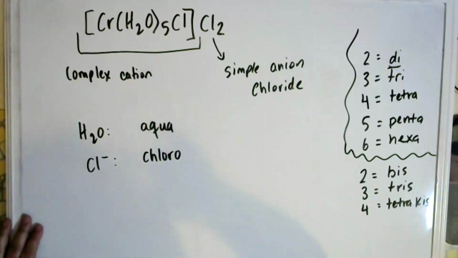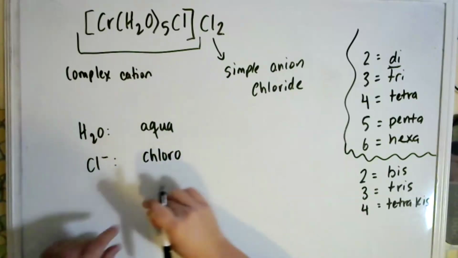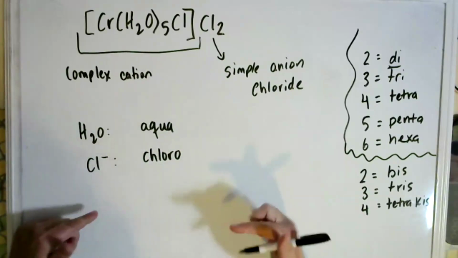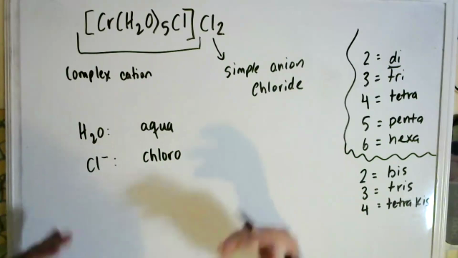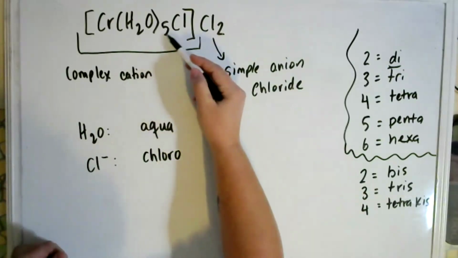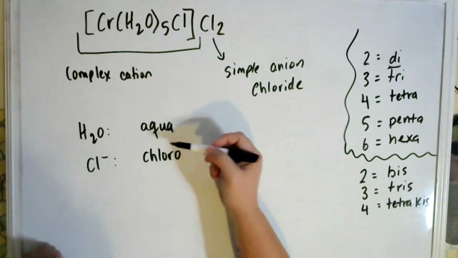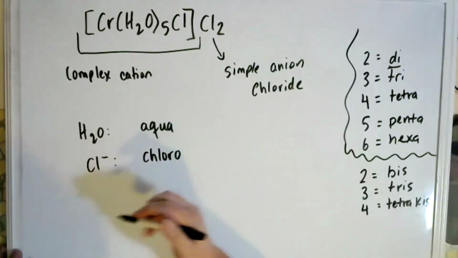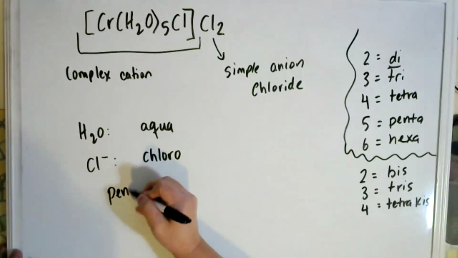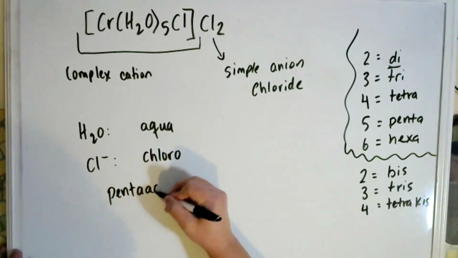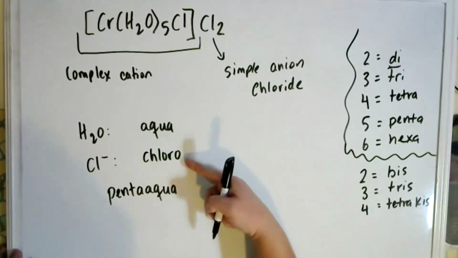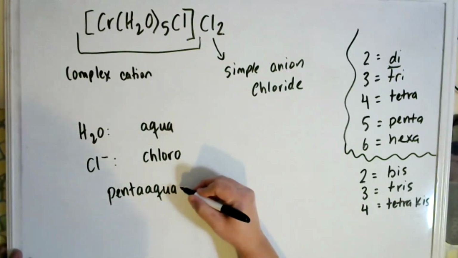But before I can write out the name, I have to make sure that I include my prefixes. I have 5 waters, so my prefix that goes in front of the aqua will be penta. I don't need a prefix in front of the chloro because I only have one of them.